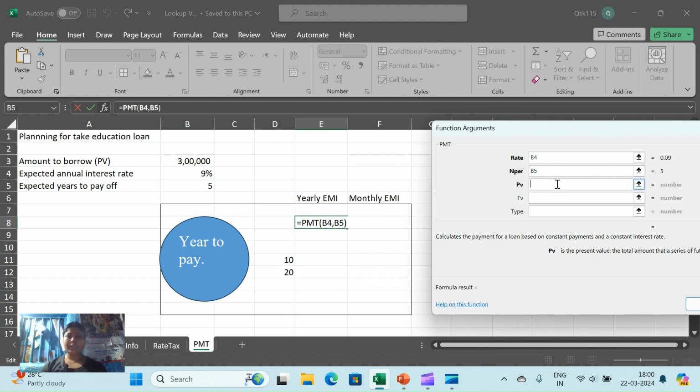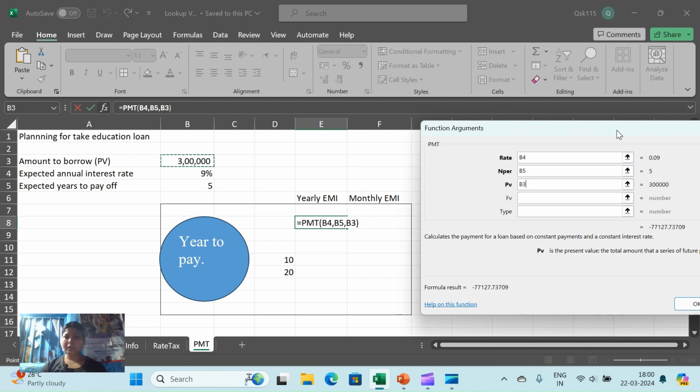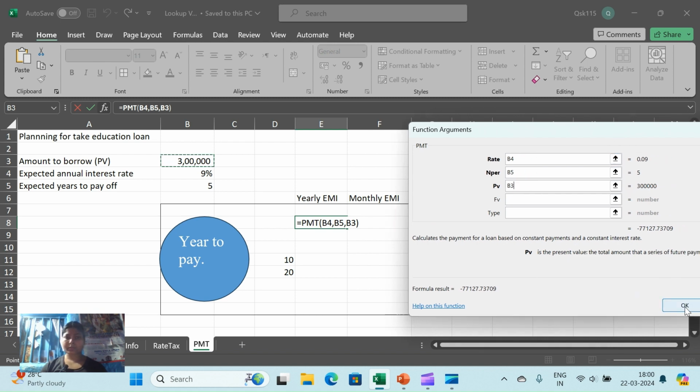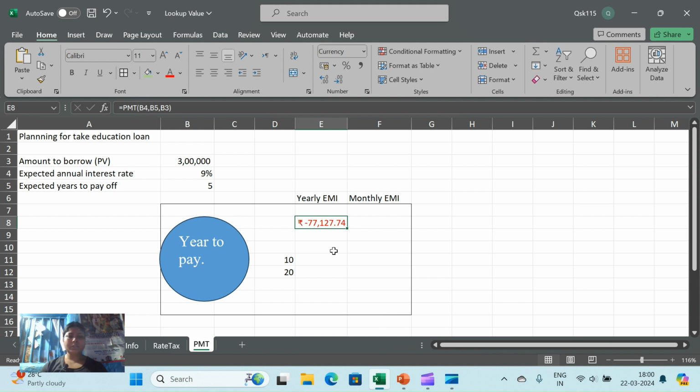Now we need the principal value. PV means principal value, which is 3 lakh. Now click on OK. You will get the answer of how much we need to pay yearly. So the amount is 77127.74.